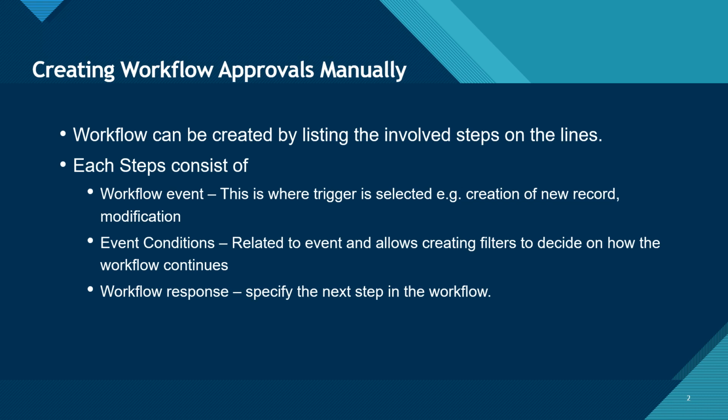Second is event conditions. Conditions are related to the event and allow creating the filters to decide on how the workflow continues. Third is the response. The response specifies what would be the next step in the workflow.